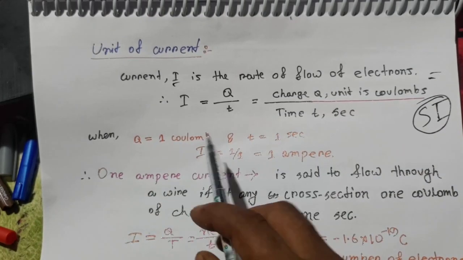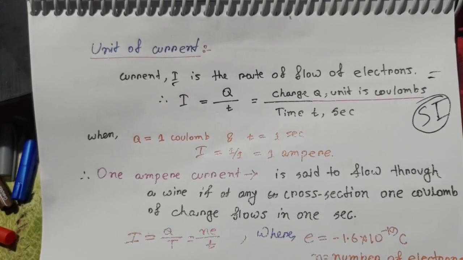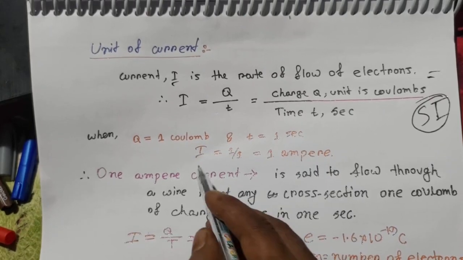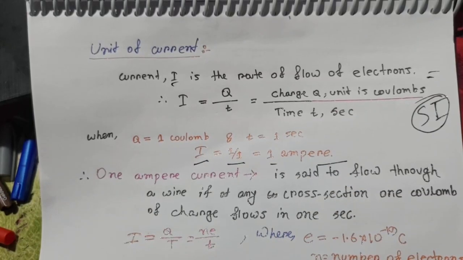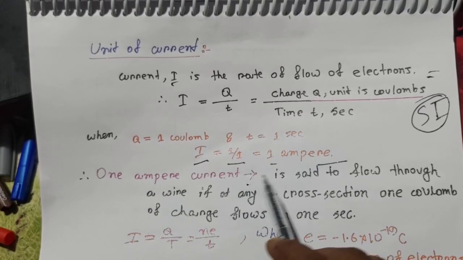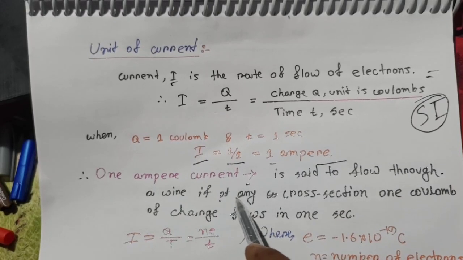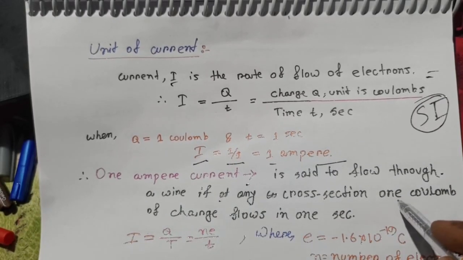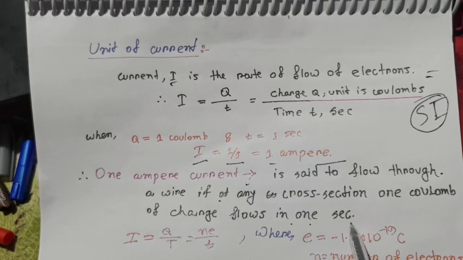When Q is equal to 1 coulomb and T is 1 second, what will I be? I is equal to 1 by 1, which is 1 ampere. So 1 ampere of current is said to flow through a wire if at any cross section 1 coulomb of charge flows in 1 second.